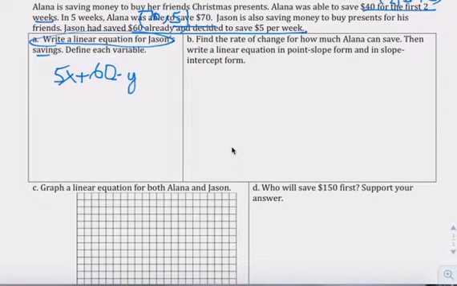Now find the rate of change of Alana, how much Alana can save.